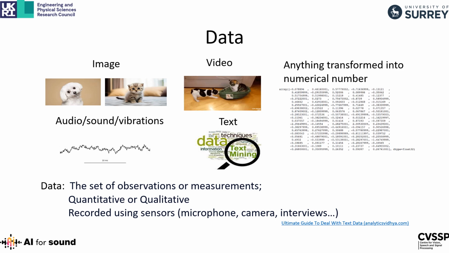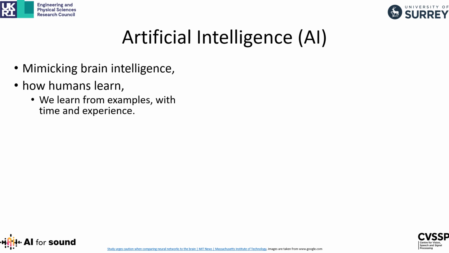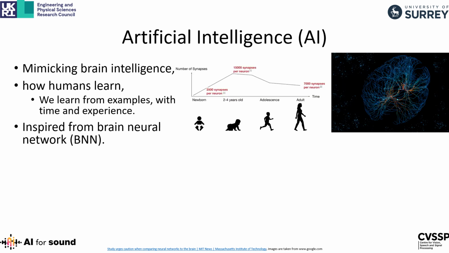So let's see what artificial intelligence is. We have a complex brain structure from newborn to adult. We learn many things through examples, and we have billions of neurons which get activated at different points of time for different underlying tasks.